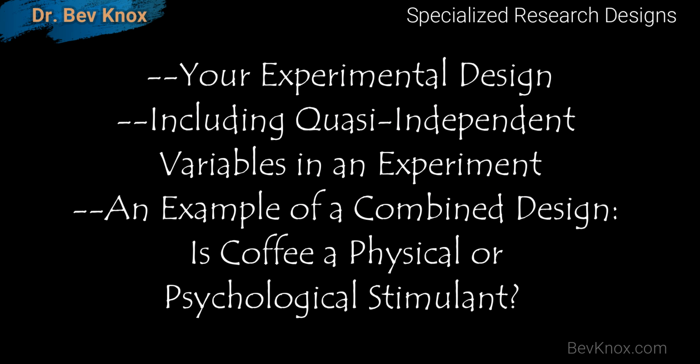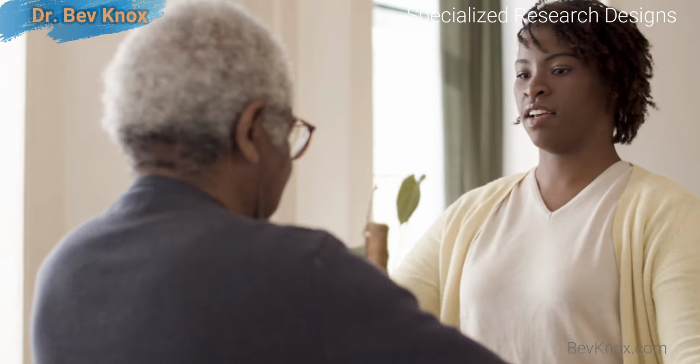Now we're talking about first including a caveat in your experimental design or including a quasi-independent variable in an experiment, or an example of a combined design. Is coffee a physical or psychological stimulant? Okay, let's move on to the next.